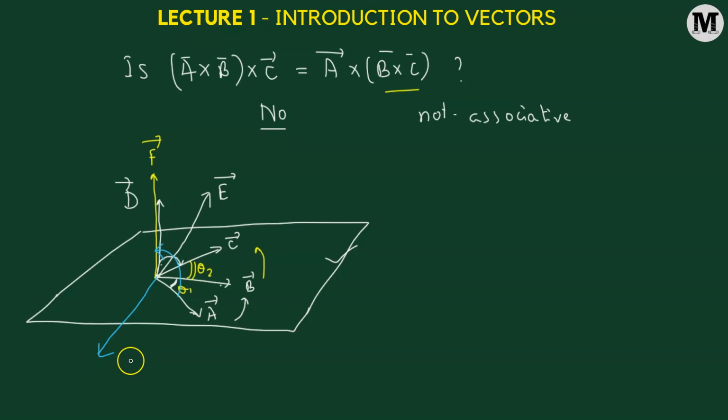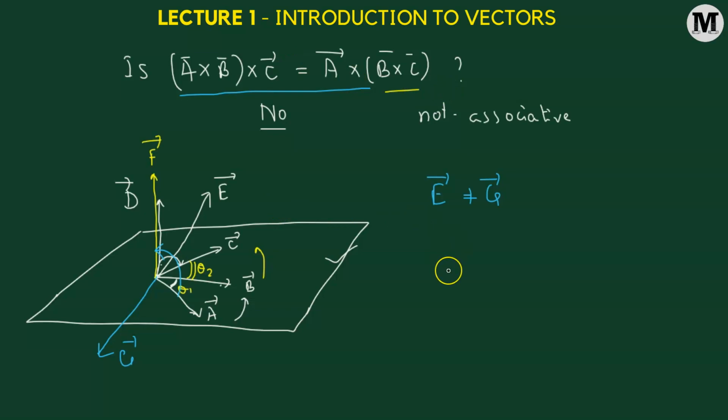Let's call it the vector G. As we can see here, clearly E vector is not equal to the vector G. They don't have the same direction. So since they don't have the same direction, we cannot say that the vector product is associative in nature. So by no means is A cross B and then crossing it with C the same as A crossing with B cross C.